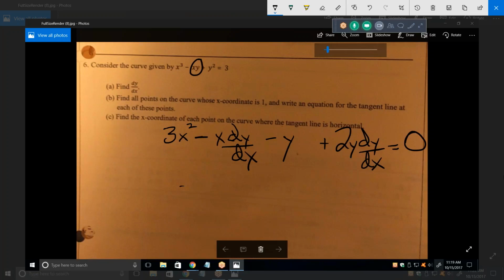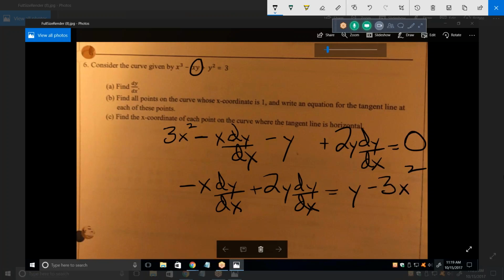So we're going to end up with this on the left side, and this on the right side. Now what? Then you factor out a dy dx.